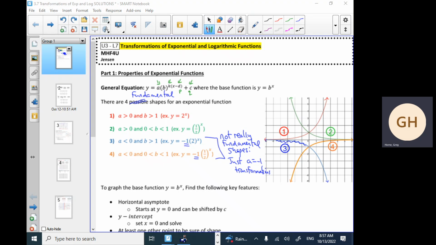This isn't really a fundamental shape. This is just this one here, flipped upside down. We'll talk about the transformation types in a second. And the other one, 4, that's not really a fundamental shape either. That's just this one flipped upside down.